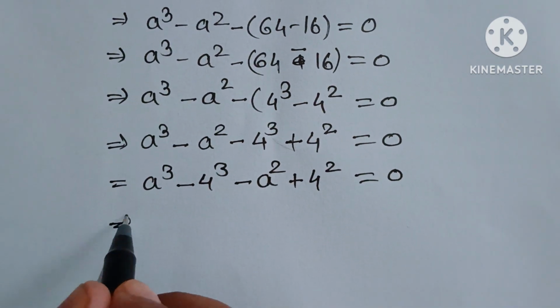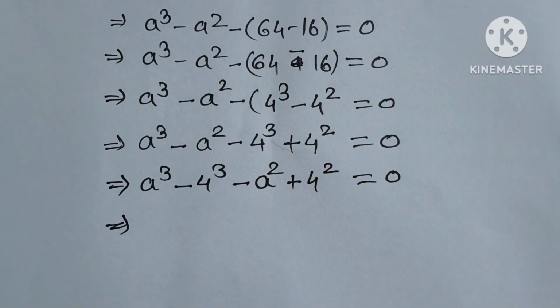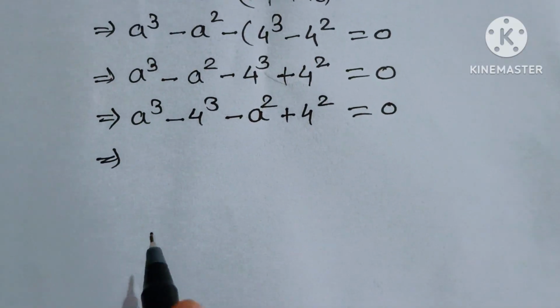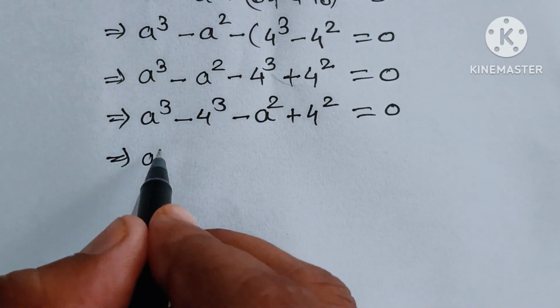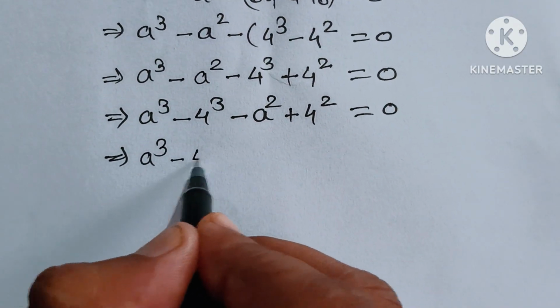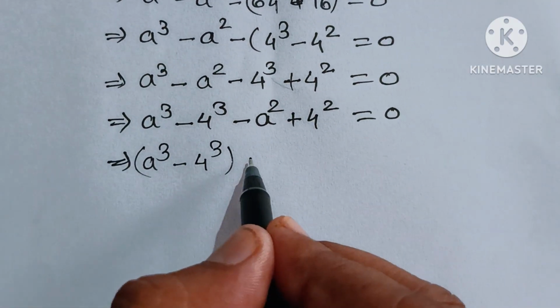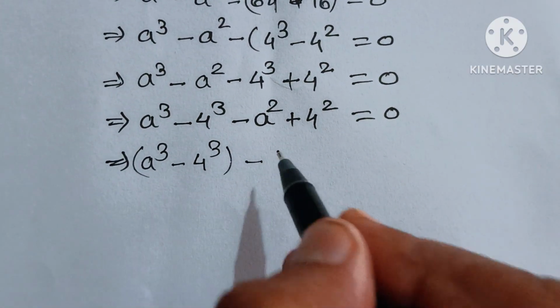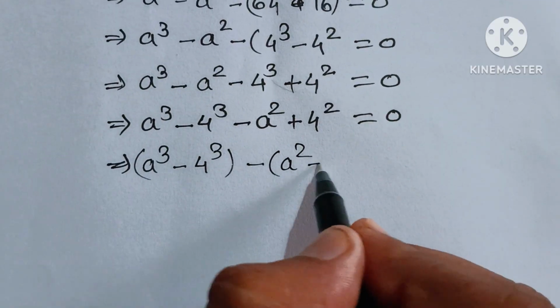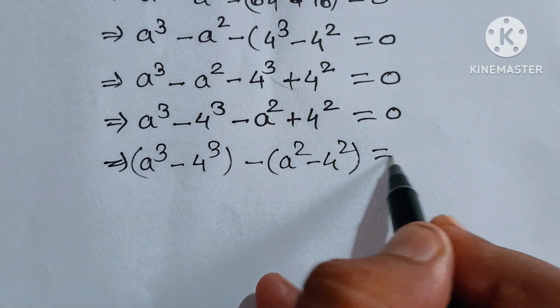Now we write in bracket (a³ − 4³), and in another bracket we write −(a² − 4²) = 0.